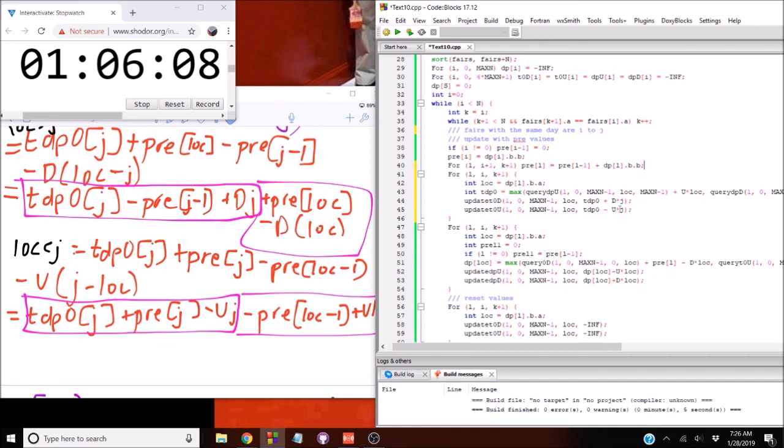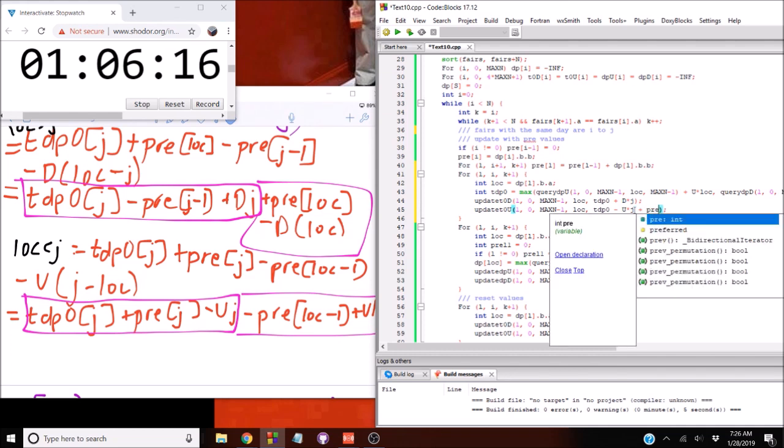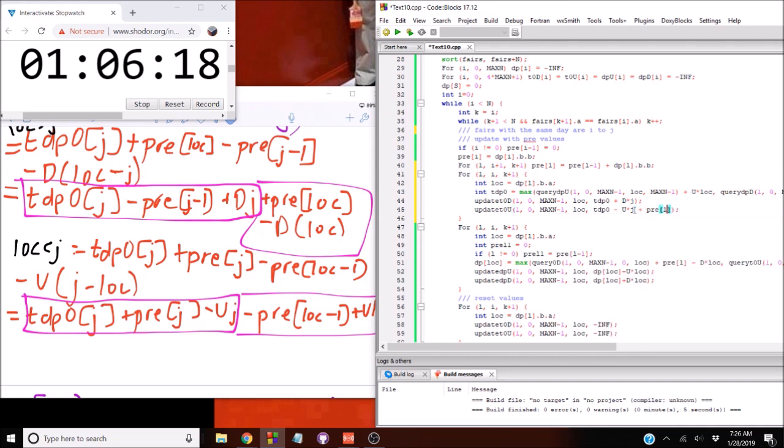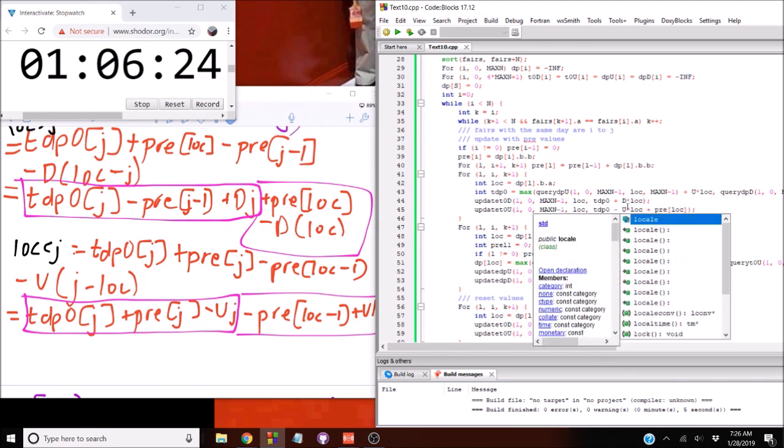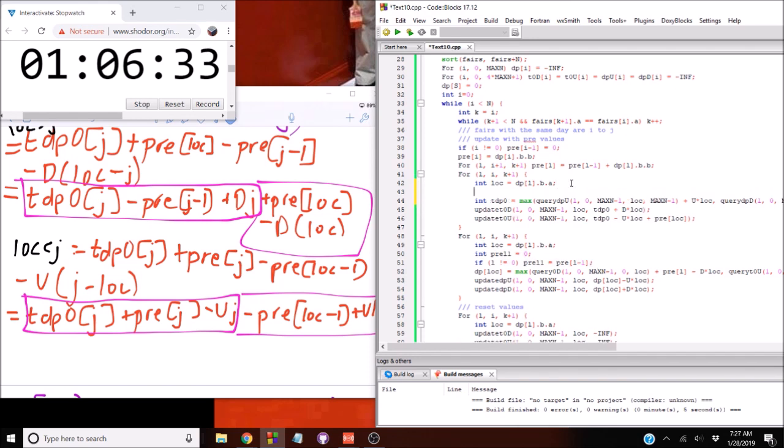And here, TDP0 plus DJ minus, okay, so here's which one's easier. This is plus prefix lock. And it's not J, it's lock. And then here it's minus prefix J minus 1. So do the same thing we did here.